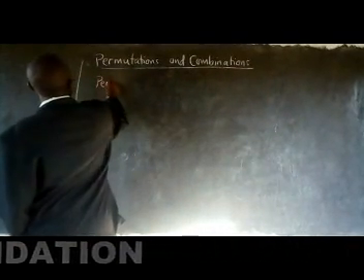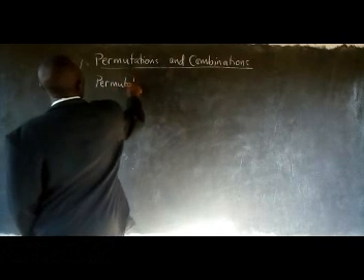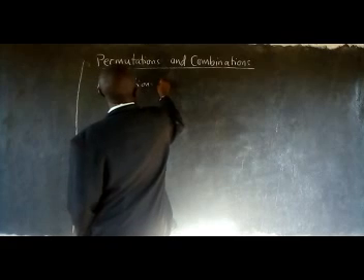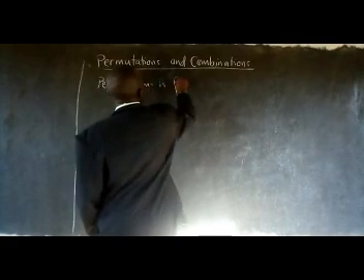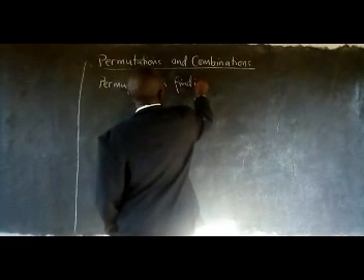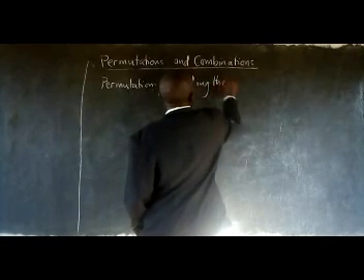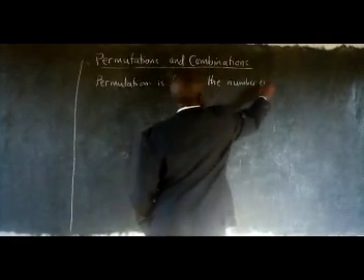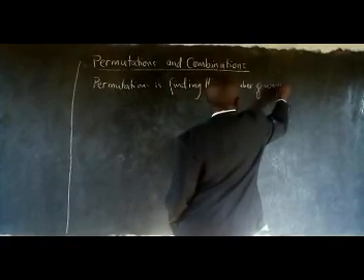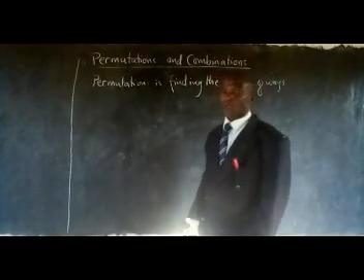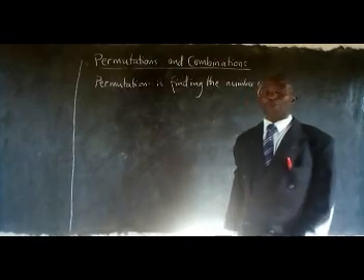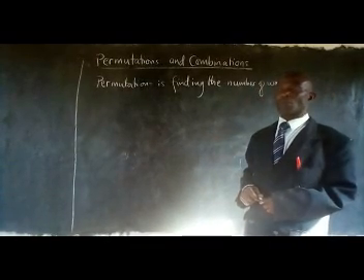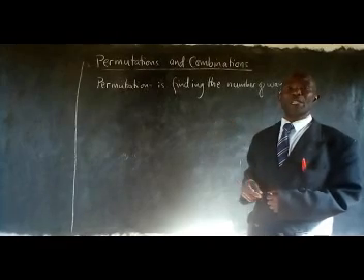To permute, permutation is finding the number of ways when it comes to probability. You'll find this area very useful because you require to find the number of possibilities.